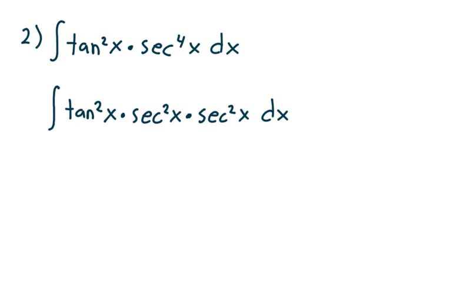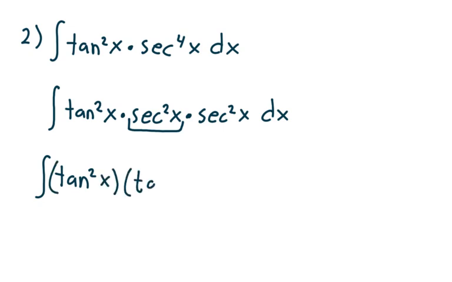But remember, I can write secant squared x as tangent squared x plus 1. So this is tangent squared x times tangent squared x plus 1 times secant squared x dx.